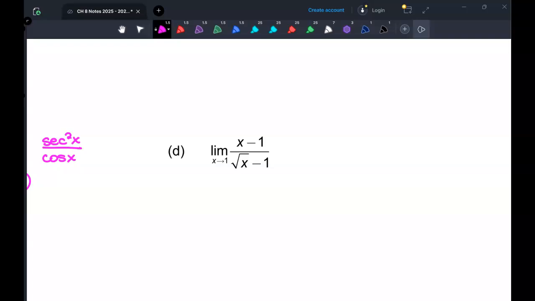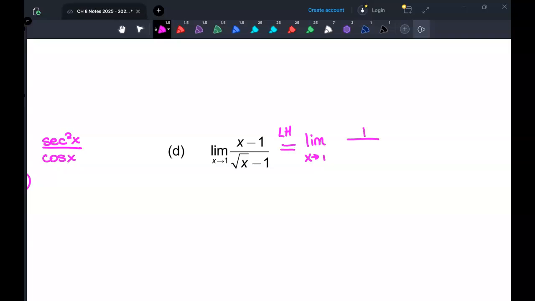Again, here we can see if we plugged in 1 with substitution, we would get 0 over 0. These are problems that we did back in chapter 2 where I had you multiply by the conjugate and simplify, but we're going to do L'Hopital's rule as an alternative. The derivative of the top is 1.